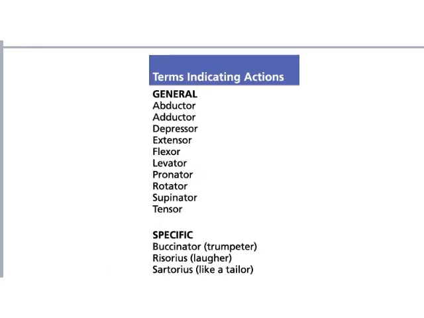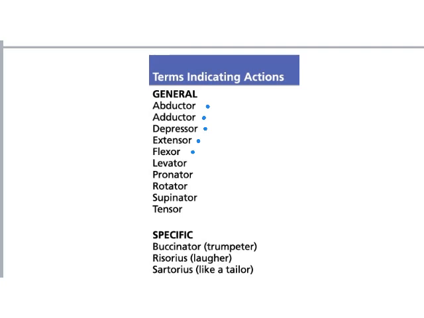Some terms will tell you the action that muscle produces. So if it's an adductor or an abductor, it tells you it's going to move toward the midline or away from the midline. Depressor is going to move something down. Extensor or flexor will change the angle of a joint.